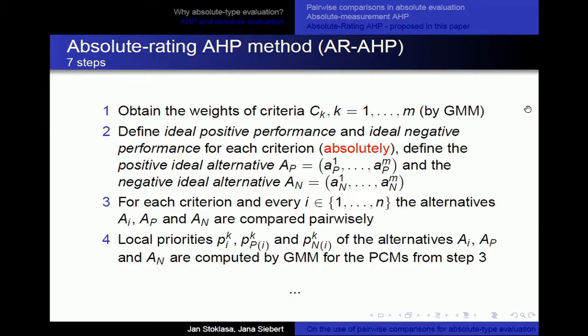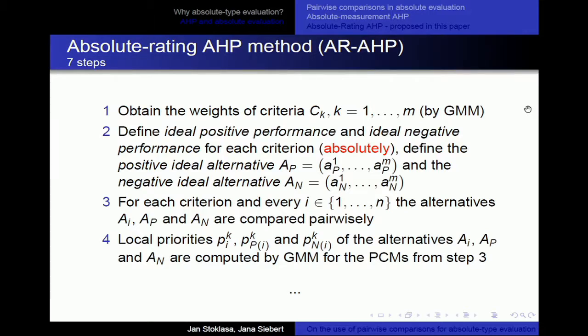And at the end of the day, you get an evaluation or a local priority for the alternative with respect to the given criterion, for its positive ideal and its negative ideal. And still, we need to understand that since AHP works as it works, the local priorities of the positive and negative ideal are relative so far. They are different for each alternative, even though the comparison of the positive and negative ideal is the same for all the alternatives. But the overall evaluations, the local priorities, can be different from alternative to alternative.